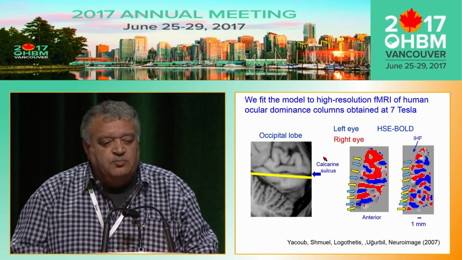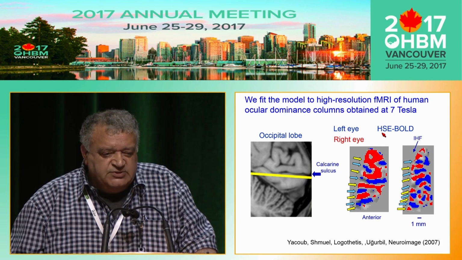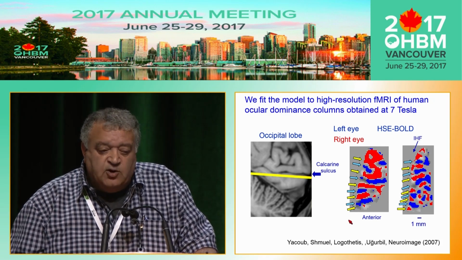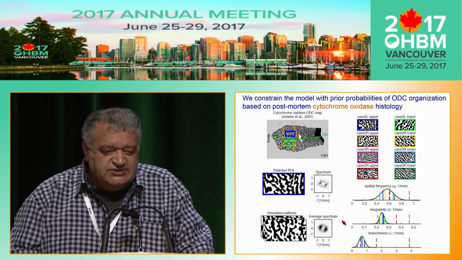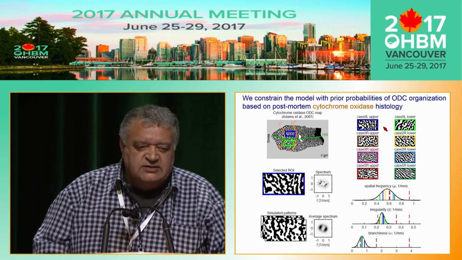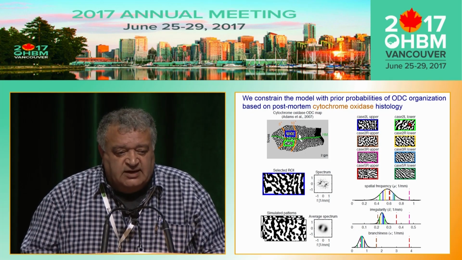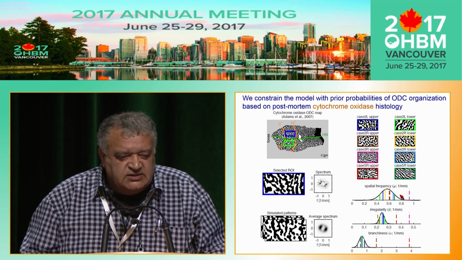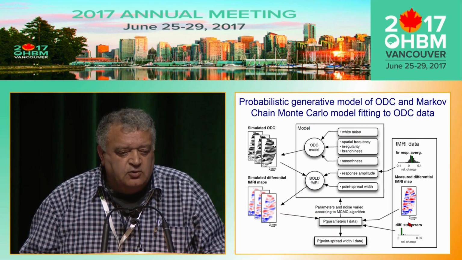We then fit the model to high-resolution fMRI of human ocular dominance columns at 7 Tesla that I obtained together with Essa Yacoub at the University of Minnesota. We constrain the model with prior probabilities of ocular dominance organization based on post-mortem cytochrome oxidase. So here we can see the spatial frequency, the irregularity, and the branchiness of the columns.